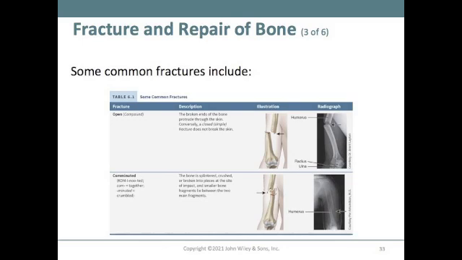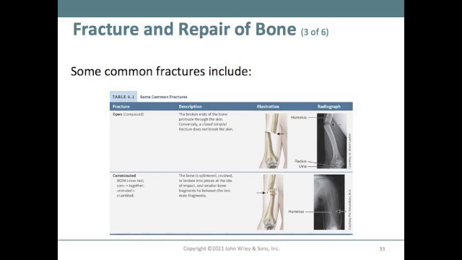First, there are different types of fractures, and there are different kinds of ways that the bone can be broken or hurt. Some of these names may represent what the fracture actually is, or it may represent the person who first described it. There are a number of different reasons why they have a certain name. But if you look at table 6.1 on pages 194 and 195, it goes through all this stuff for you.